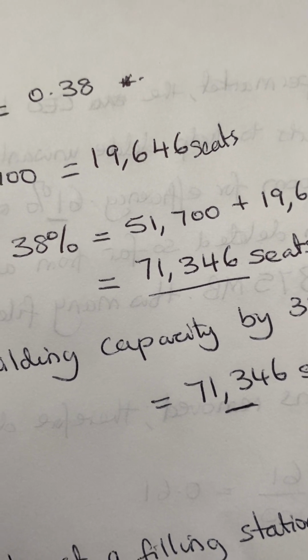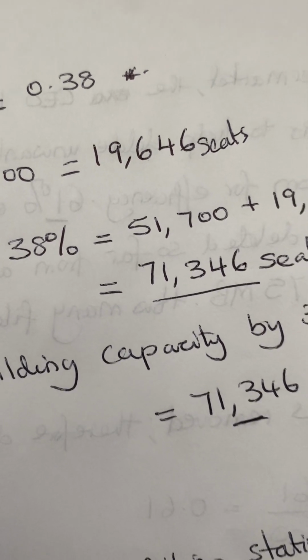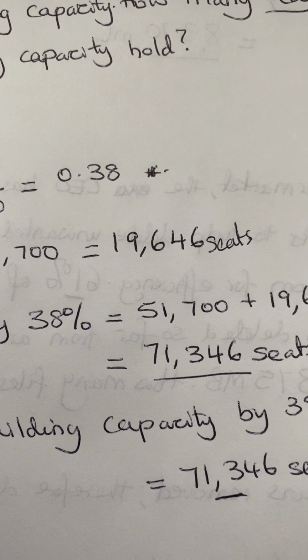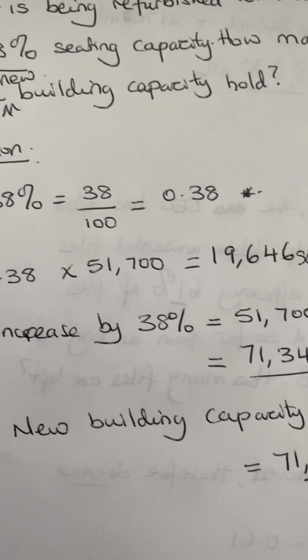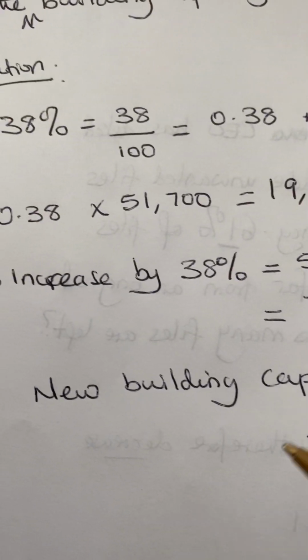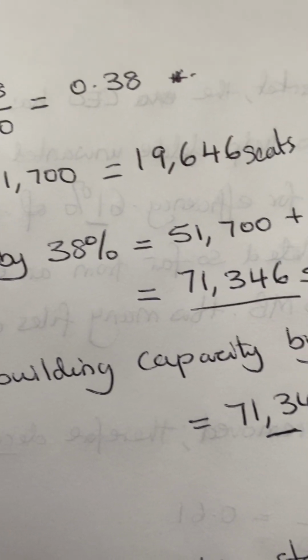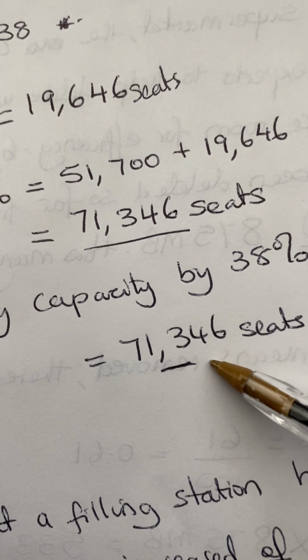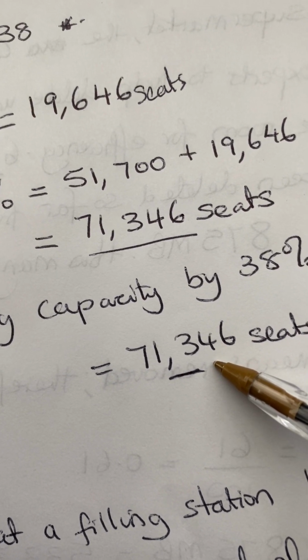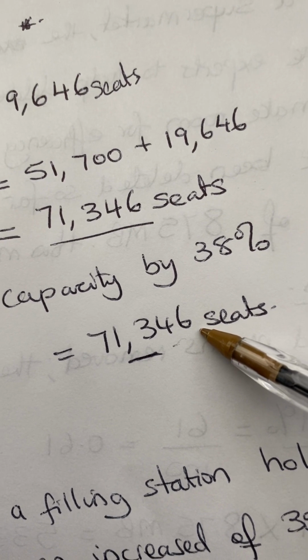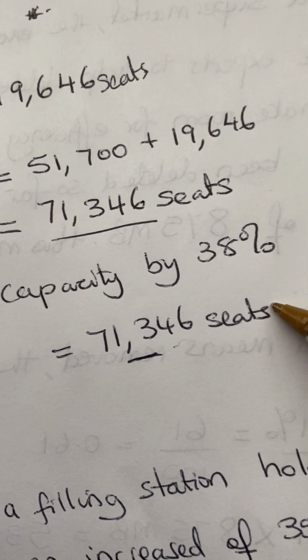Today we are just using one method and using the calculator, so it will help you. So the new building capacity after refurbishing will have 71,346 seats.